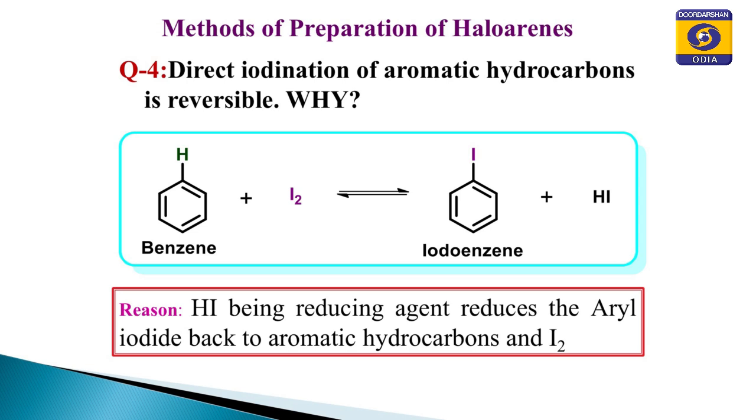So, what should we do so that we can prepare the iodobenzene? For that purpose, we have to carry out the reaction in presence of some oxidizing agents. So, what are those oxidizing agents? Those oxidizing agents are nitric acid, hydriodic acid or mercuric oxide. Now, why are we using the oxidizing agent? That is because the hydrogen iodide that you obtain behaves as a reducing agent.